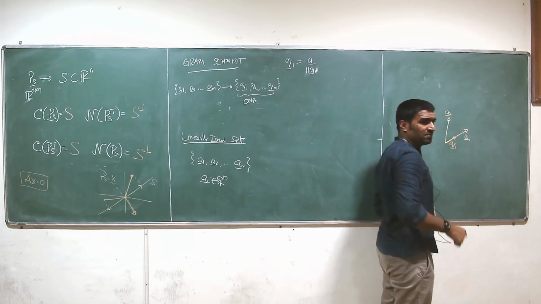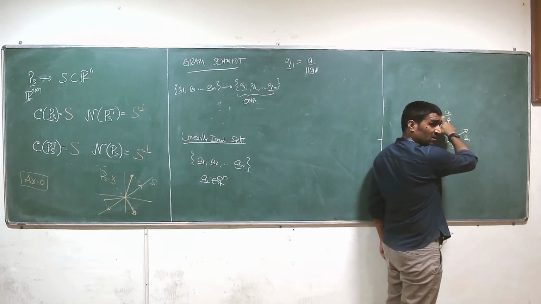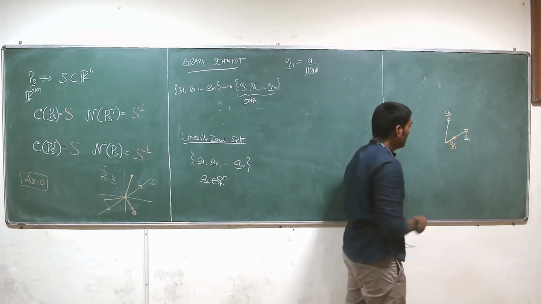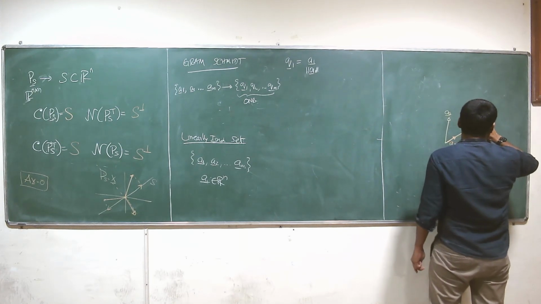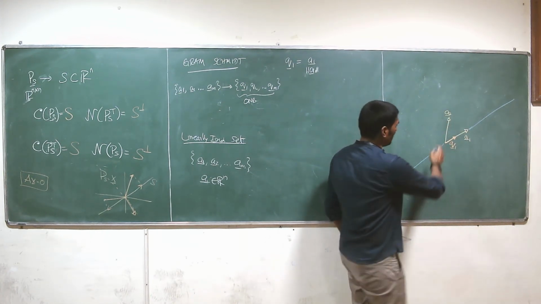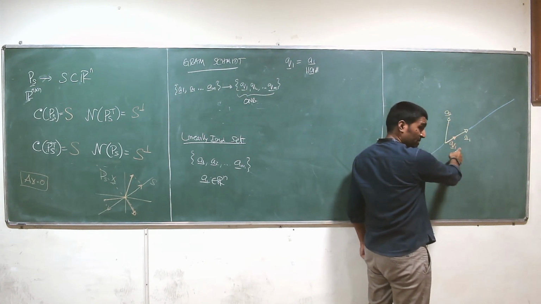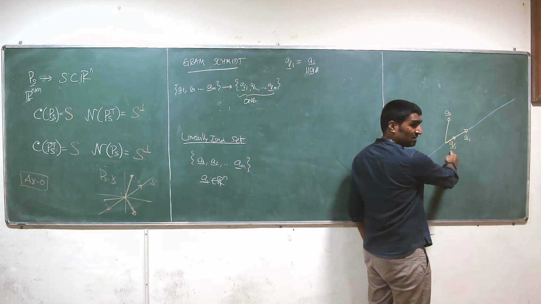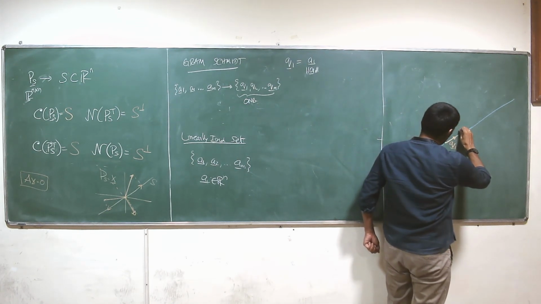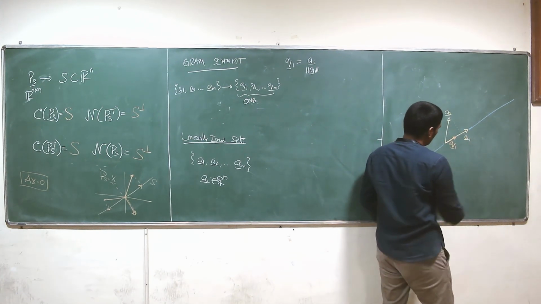You take the second vector and do the orthogonal projection of it onto the subspace spanned by the first vector. The subspace spanned by the first vector is this. If you do the orthogonal projection of the vector A2 onto the subspace spanned by A1 or Q1, the vector you would get would be this. So you get this vector.